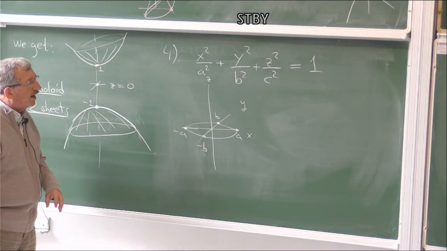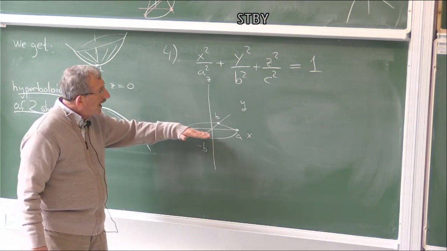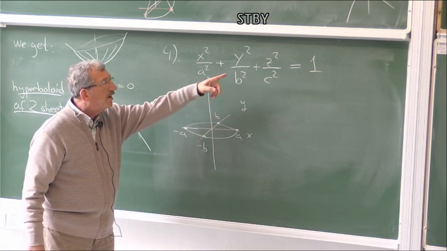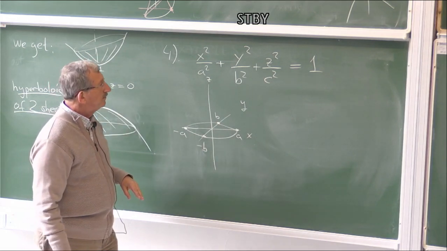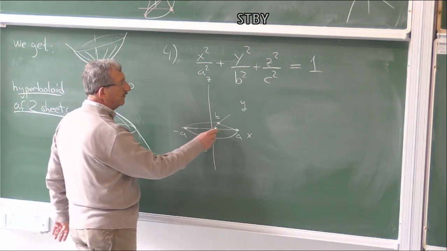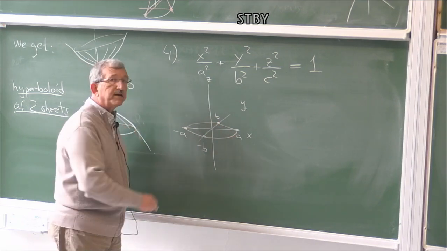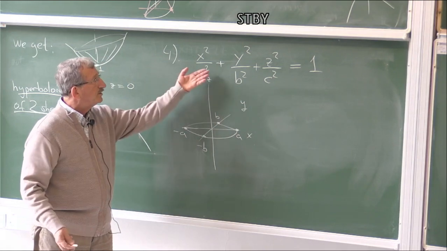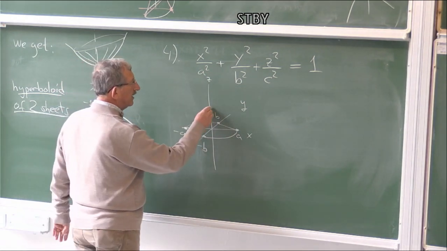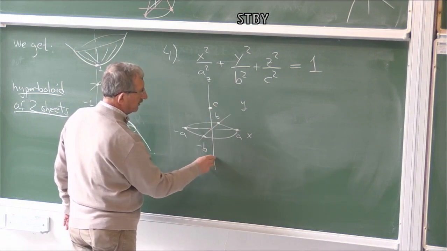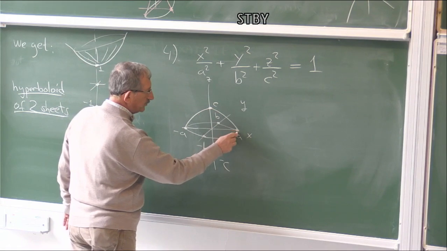But at the same time, we can elevate it a little bit. When we elevate it, that means if we give a positive z value a little bit bigger than 0, then clearly all these points can go up, but x cannot be a anymore. It has to be smaller, otherwise the equation would not be satisfied. Similarly, we have c here and minus c, and we have ellipses on this side as well.